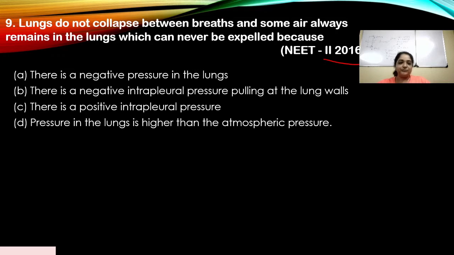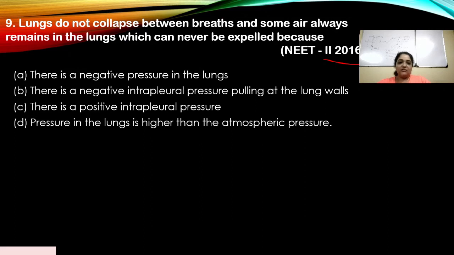So let's look at option A. There is a negative pressure in the lungs, which is actually incorrect. That is not because the lungs do not collapse between breaths. There is a negative intrapleural pressure pulling at the lungs. Yes, B is the right answer. There is a positive intrapleural pressure, which is incorrect.